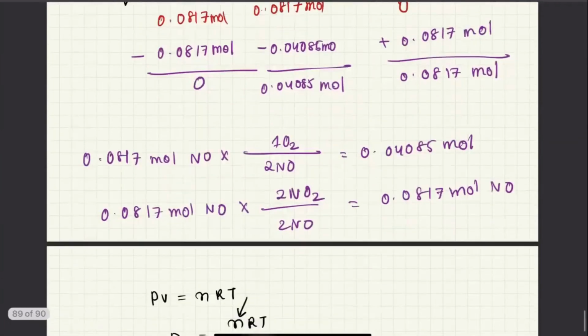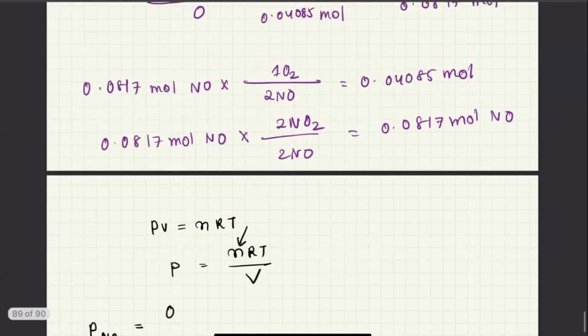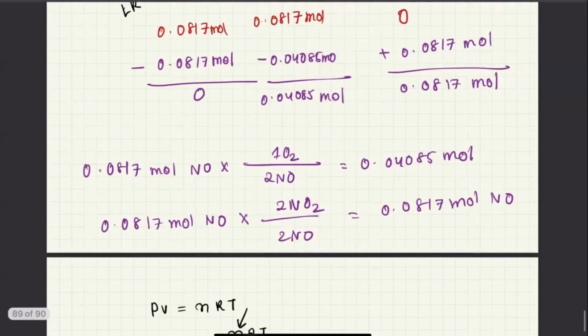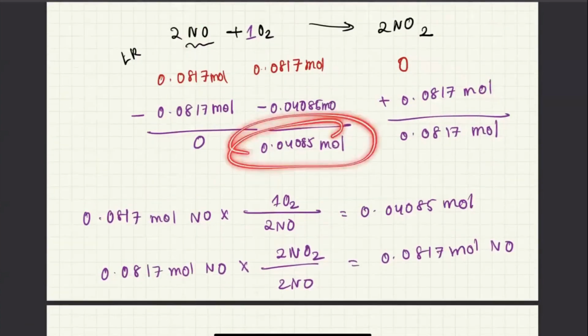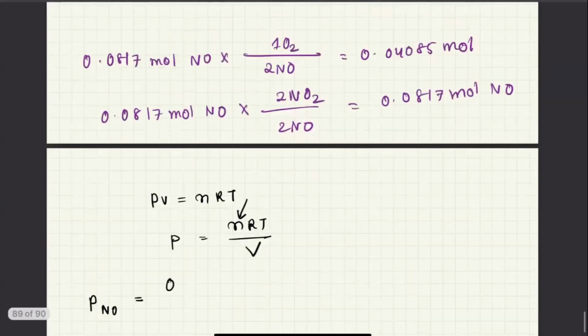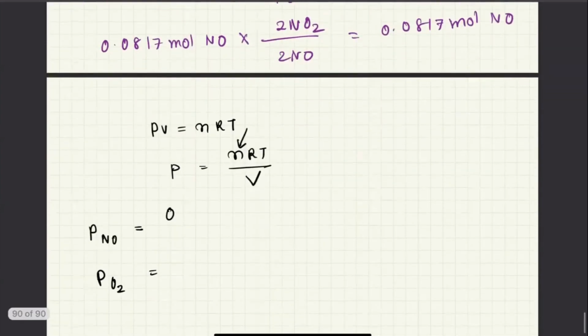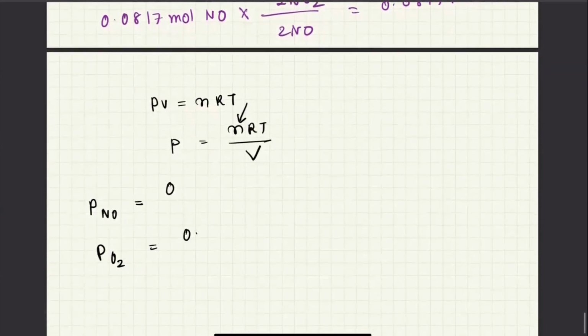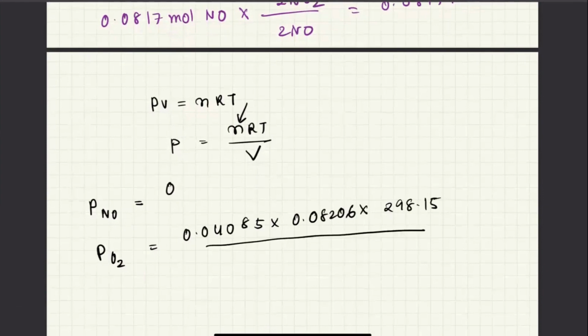It's gonna be, now put the O2 mole, which is what? The remaining, okay, we're talking about the remaining. So 0.04085 multiplied with the R constant, 0.08206, multiplied with temperature, 298.15, divided by volume, which was 6 liter, right?